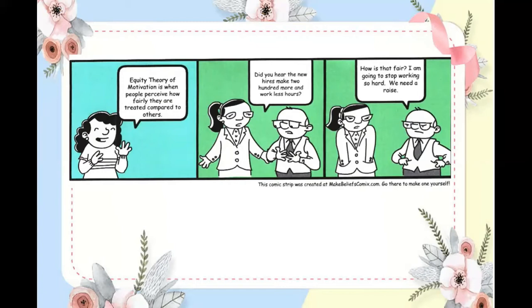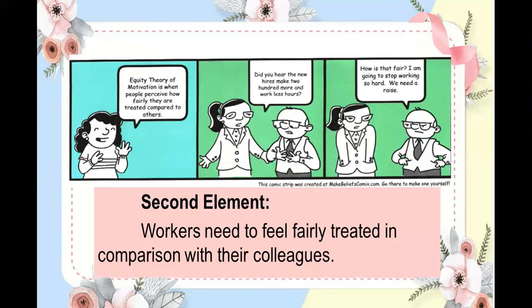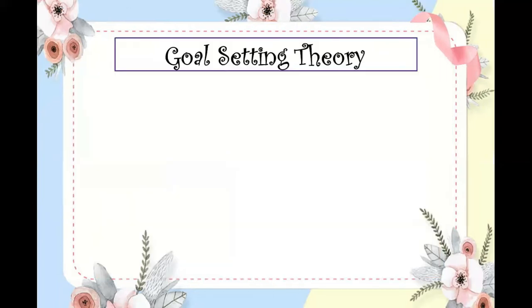So equity theory motivation is when people perceive how fairly they are treated compared to others. So when we feel that it is not fair, we become demotivated to work.